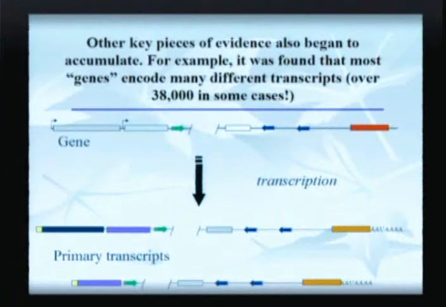Here's a gene, several different genes. You can get, he says, sometimes as many as 38,000 messenger RNA transcripts from a single DNA strand, what we would have called a gene. 38,000 potential proteins from one gene sequence.